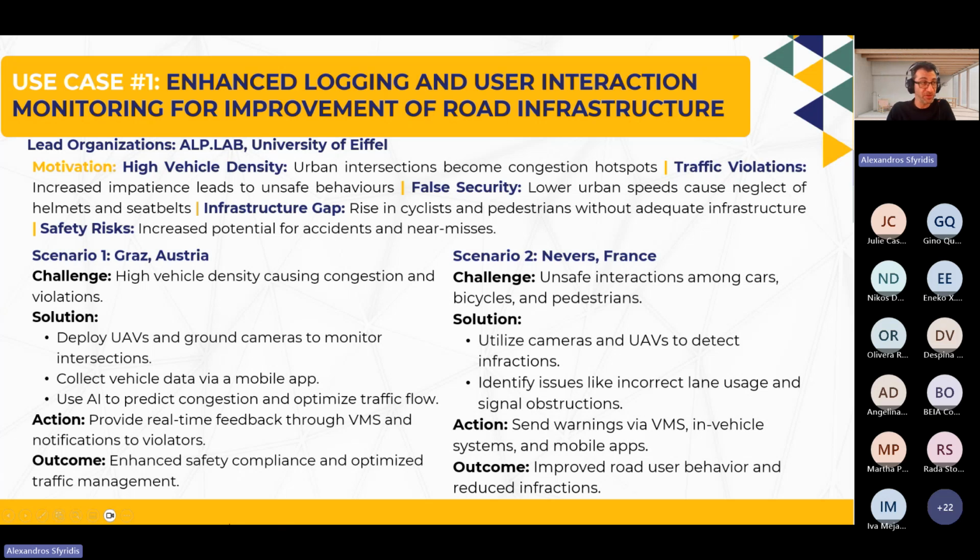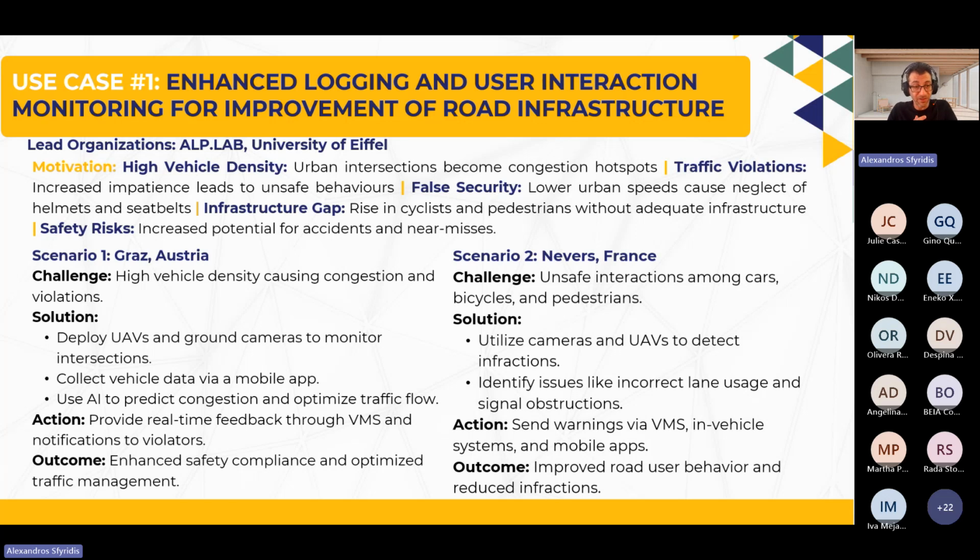We aim to use data from sensors, UAVs, or mobile apps to detect congestion patterns, helmet or seatbelt usage, or lane violations and traffic signal infractions.